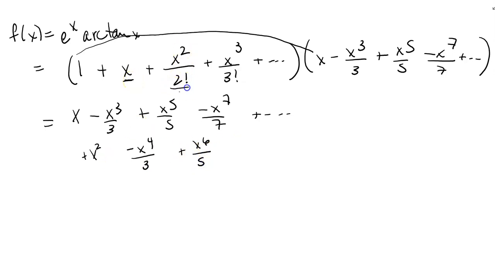When I multiply by the x squared over 2, I would end up getting x cubed over 2 plus, or minus x to the 5th over 3, or no, the 4th over 3. Sorry, I'm multiplying by x squared. Actually, that should be x to the 5th over 3.